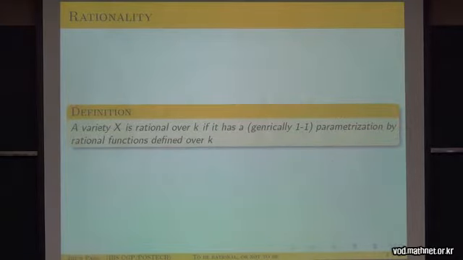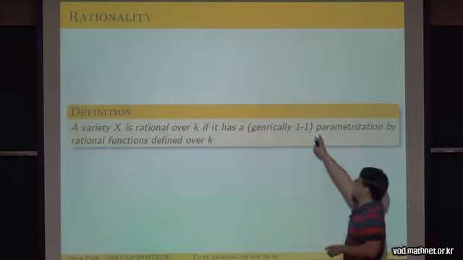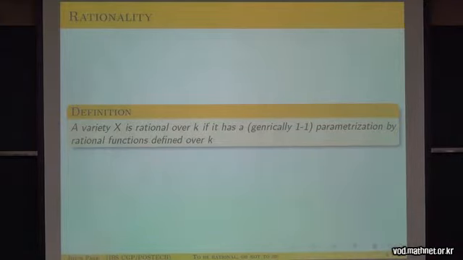All right. So here is another, simpler version of the rational variety. A variety X is rational over K if it has a generically one-to-one parameterization by rational functions defined over K. Without the phrase generically one-to-one, it's still true if the dimension is 1 or 2, but in higher dimensions it's not true.